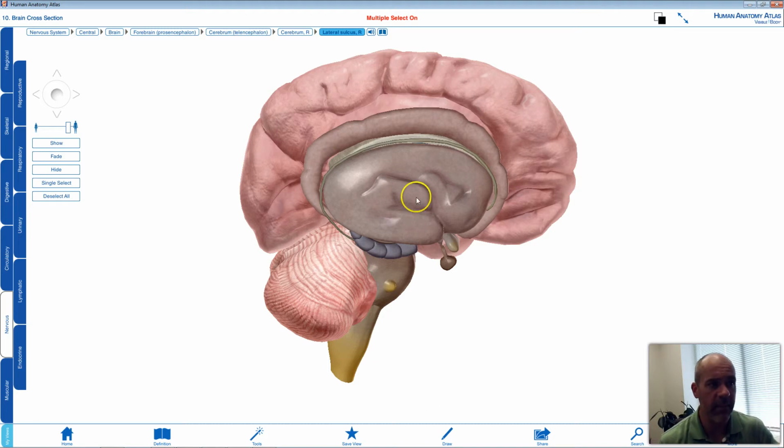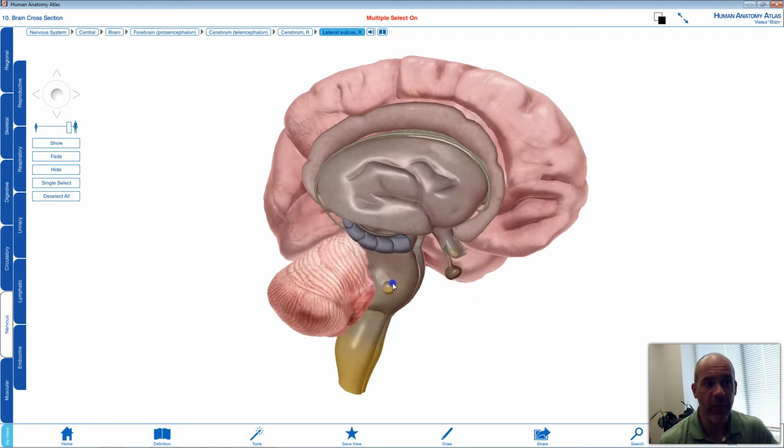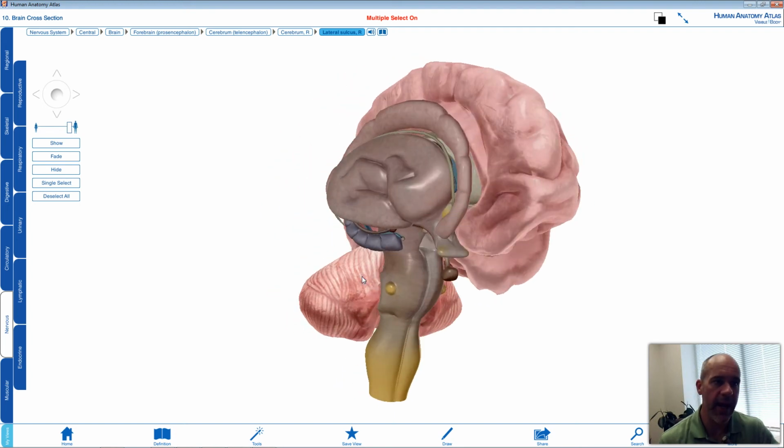I'm going to highlight for you the things that you do need to learn. I also want to point out that apparently brain anatomists don't always agree on some of these parts of the brain, so I'll try to point out some of those discrepancies, because if you are using Visible Body and you click on a structure, it may not have the exact same name as what I'm pointing out to you. I just want to let you know that in advance.